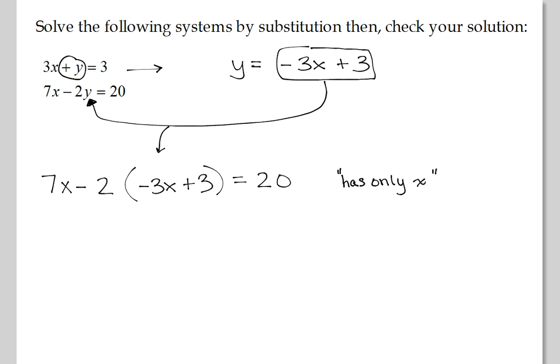Okay, so this is where some of the algebra skills are going to have to come into play here. So we have 7x. What do I do with this thing next to it here? You have a -2 being multiplied by a binomial. How does that -2 affect the bracket there? It has to come in like this.